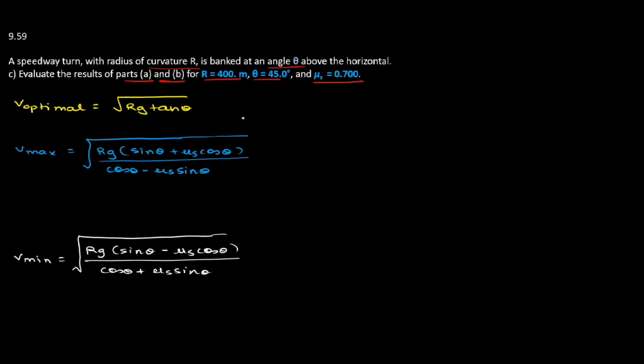We get v optimal equal to square root of rg tan theta. Let's substitute. R is 400, g is 9.81, tan of the angle 45. And when you solve this, you get the optimal speed to be equal to 62.6 meters per second.